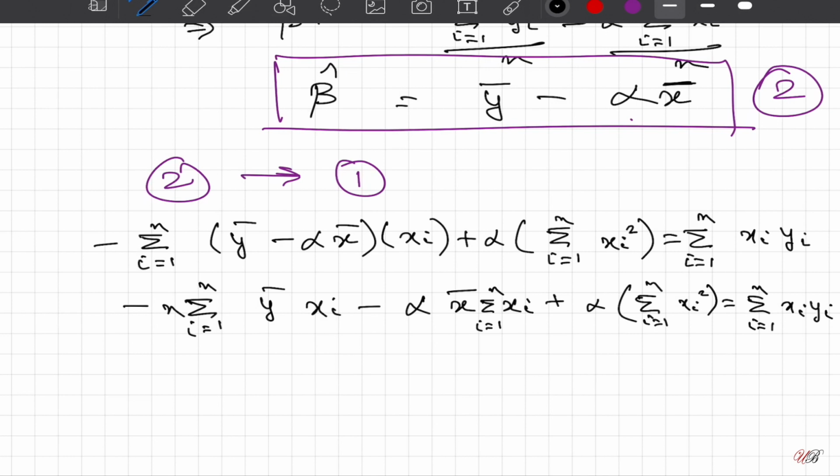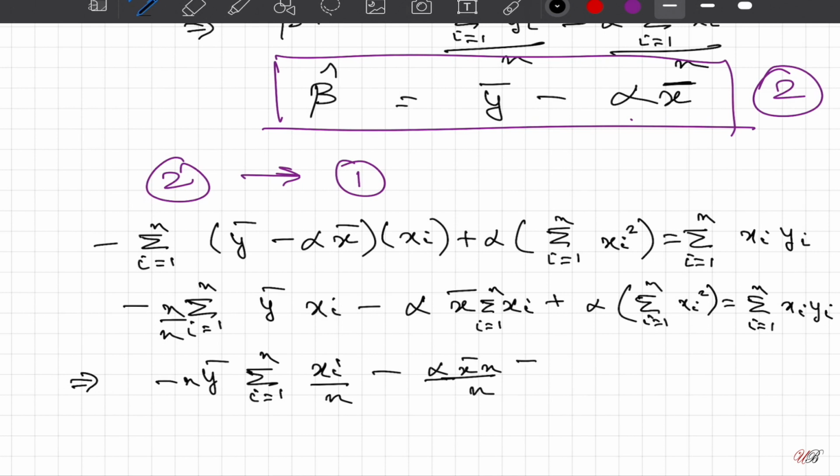Now if I multiply this term by n and divide this term by n, I would end up with something interesting. I can write this as minus, since y hat is constant, it can come out, 1 upon n can stay out, so this would become summation i from 1 to n xi upon n. Similarly here I can write alpha x bar, n, and divide by n, summation i from 1 to n xi, plus alpha summation i from 1 to n xi square would be equal to the right hand side, which is xi yi.